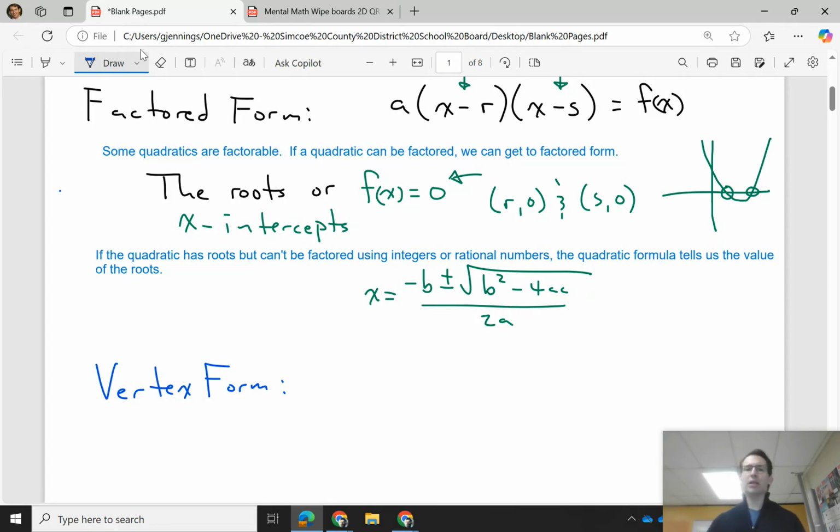Unlike factored form, but like standard form, vertex form is given by a multiplied by (x minus h) all squared plus k, equal to f of x. Unlike factored form, but just like standard form, we can always put a quadratic into vertex form.